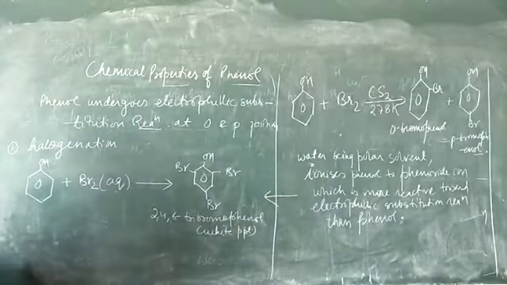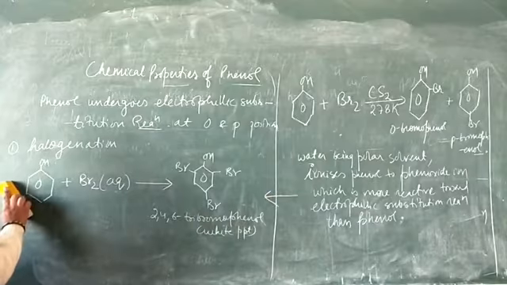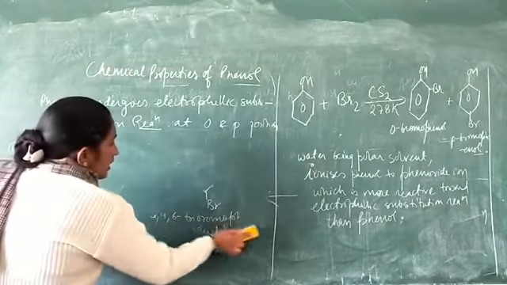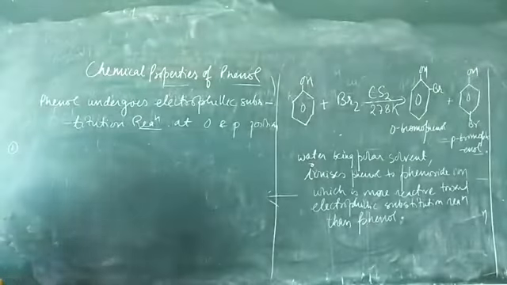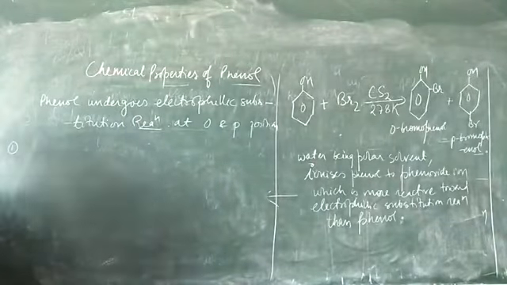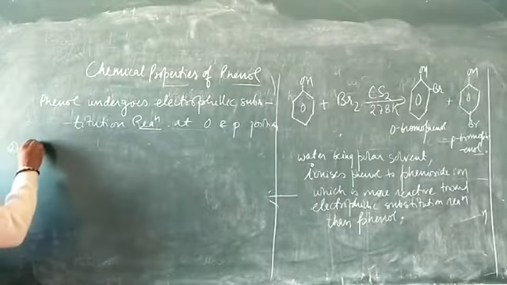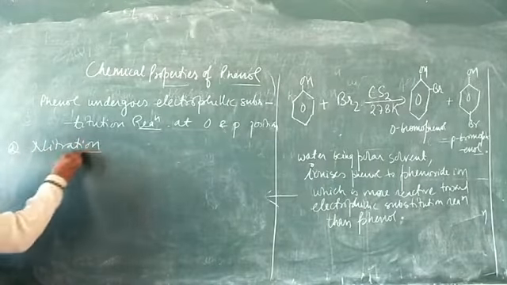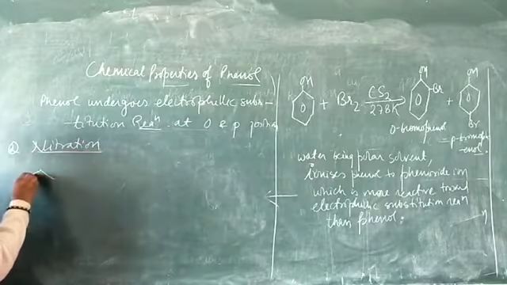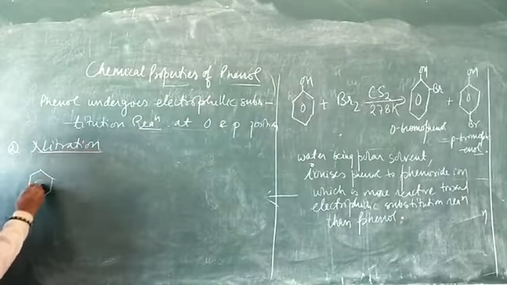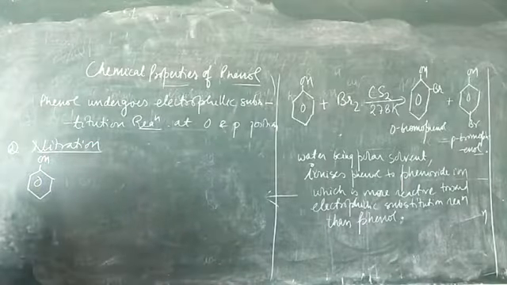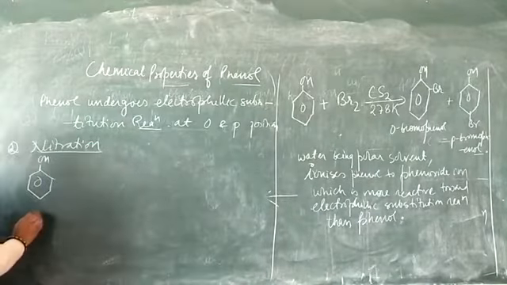Now, students, the next property is the electrophilic substitution reaction caused by nitric acid. So we will give it as nitration of phenol. Now, students, here also we get two different products, right? Depending upon whether the nitric acid which we are using is dilute or concentrated.